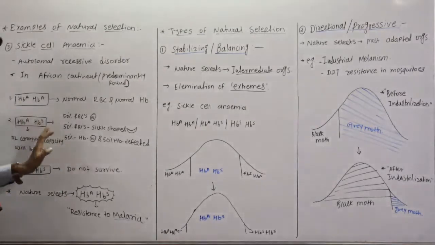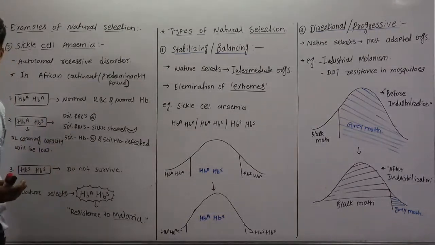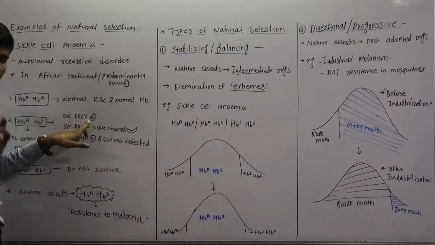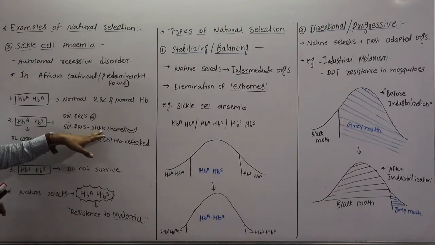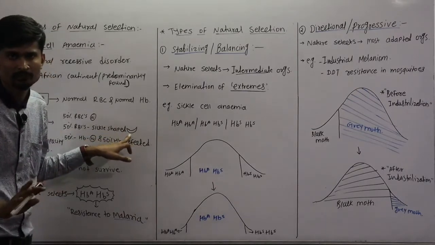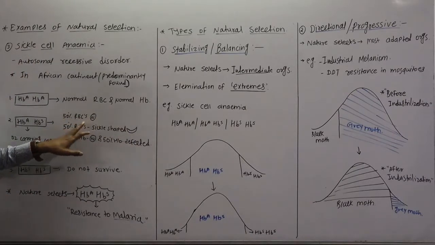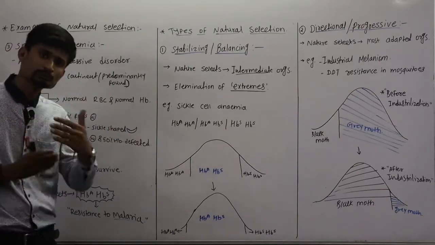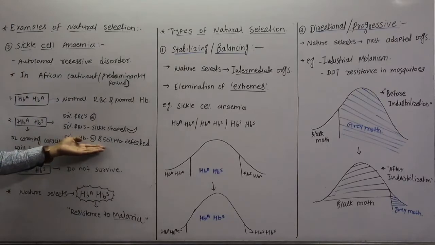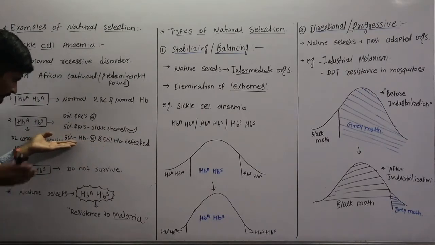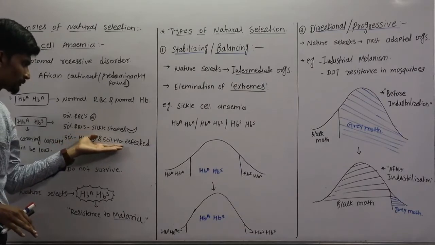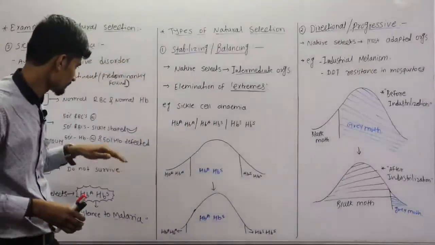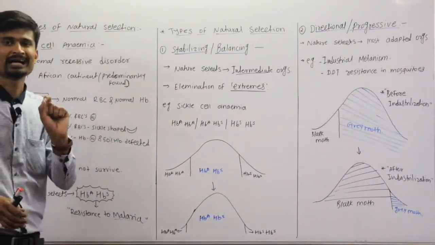HbA HbS. You know that HbA HbS is a carrier person. 50% of RBCs are normal, but 50% of RBCs will be sickle shaped, like a half moon. Due to the change in the structure of hemoglobin, 50% of hemoglobin will be normal and 50% will be defective, and the result is a change in the shape of the RBC also.